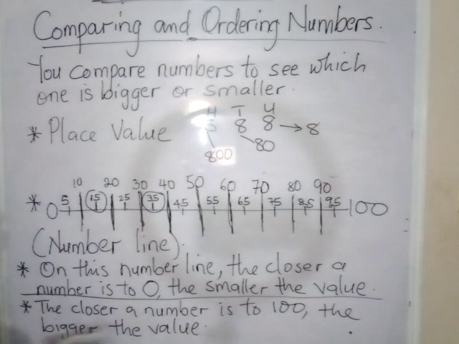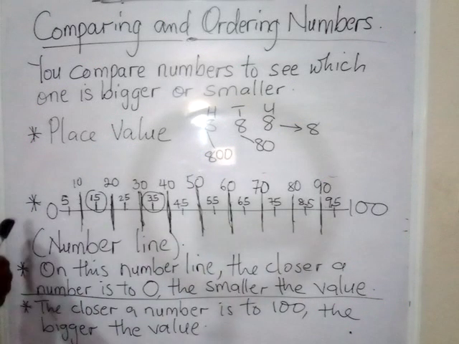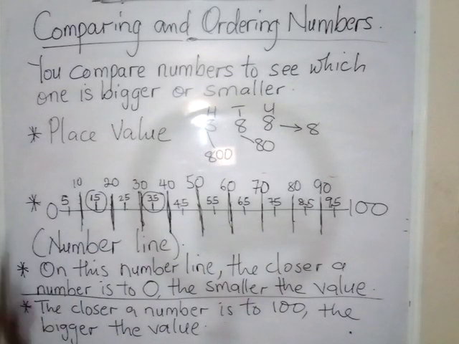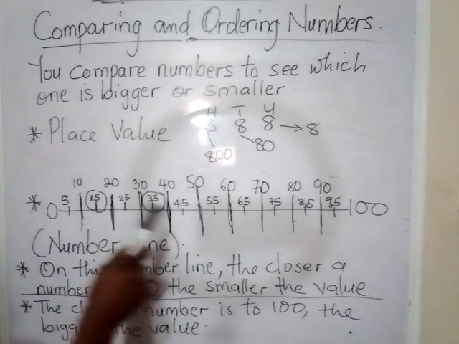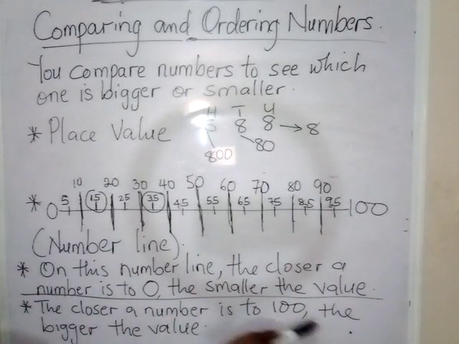Okay, I hope this is clear. On this scale that we are looking at, the closer a number is to 0, the smaller the value, and the closer a number is to 100, the bigger the value.